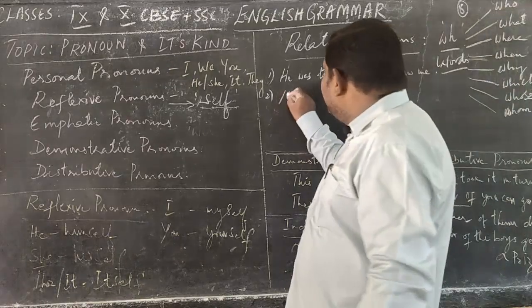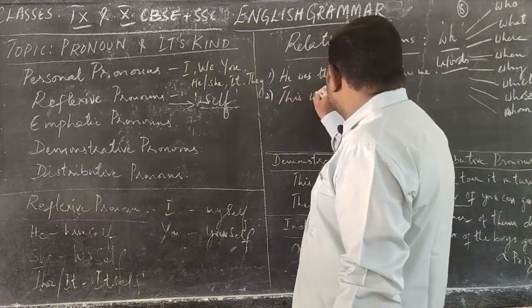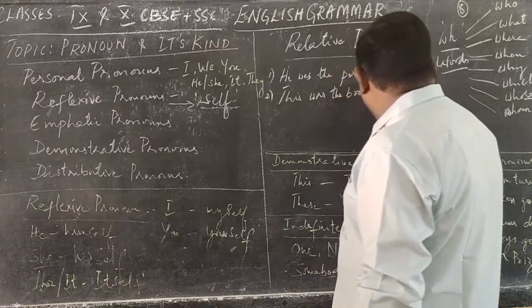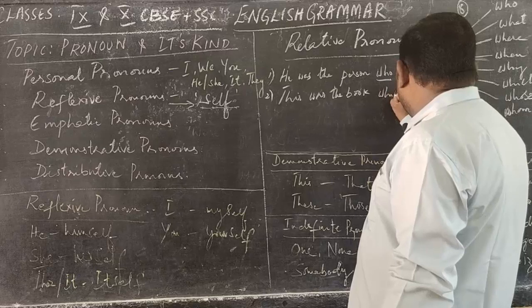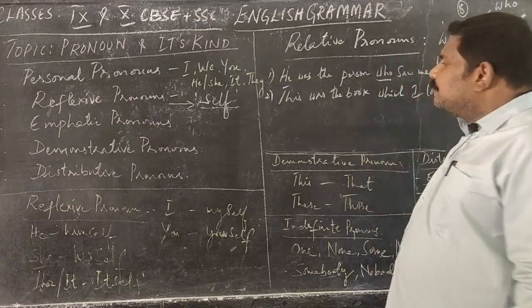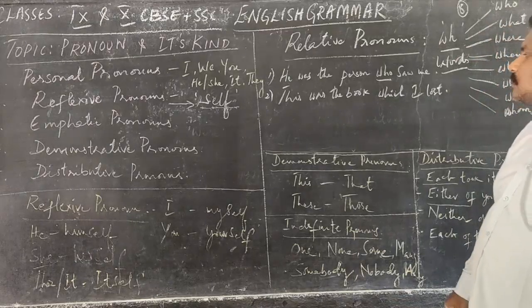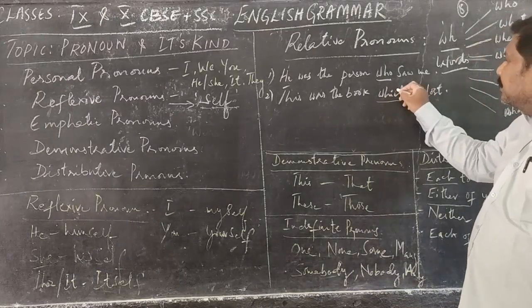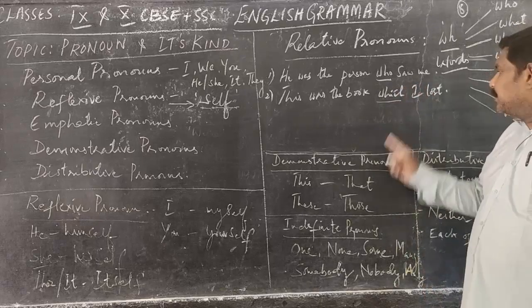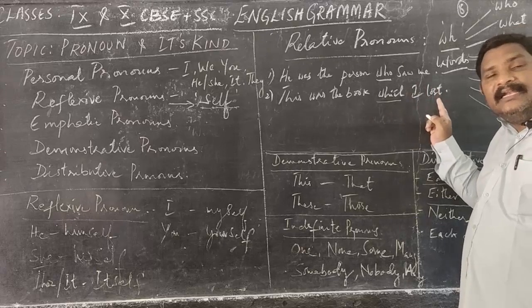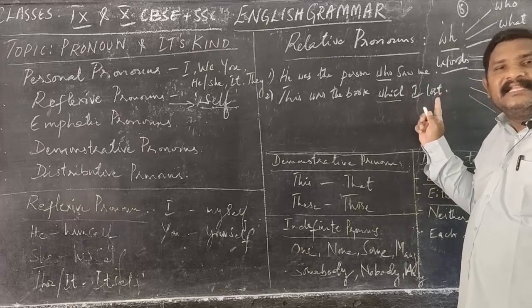For example, this was the book which I lost. What is the meaning of the sentence? This was the book which I lost. So I am using which here, referring to the book which I lost. It is identifying a noun in the sentence.